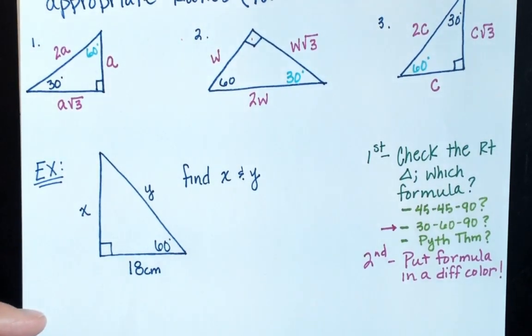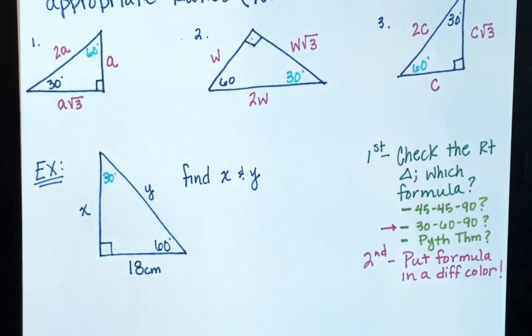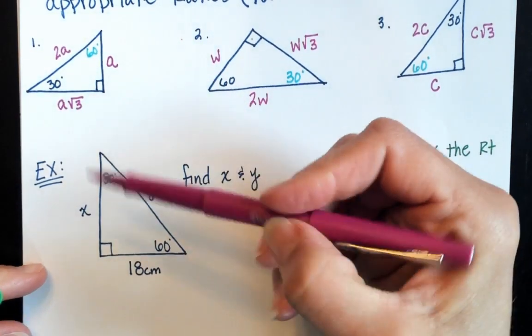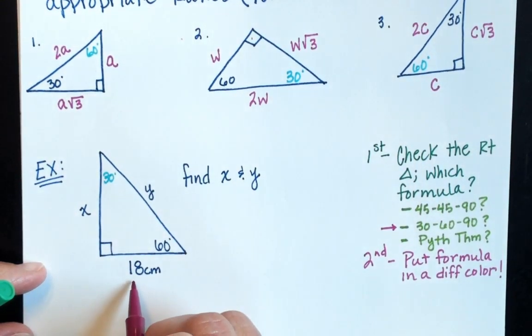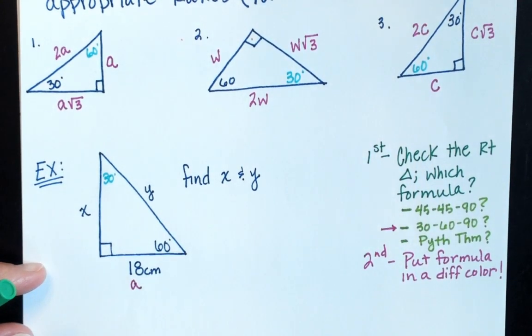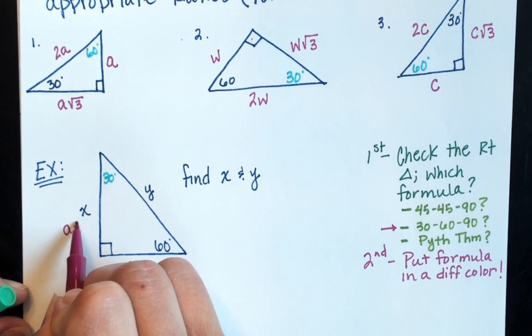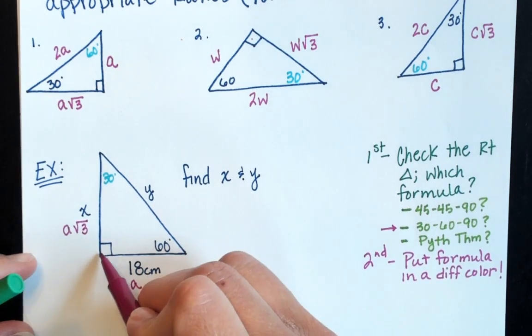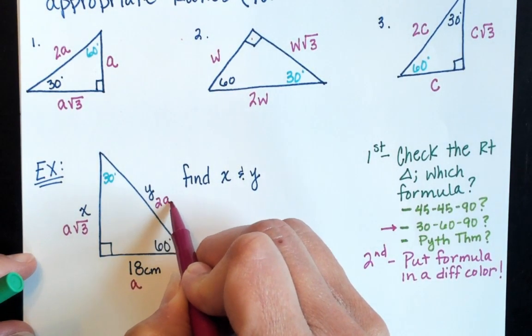So I'm going to make sure that I put my 30-degree angle in so I don't make any mistakes. And I'm going to find that 30-degree angle, and opposite it, I'm going to put A. I'm going to find my 60-degree angle, and opposite it, I'm going to put A radical 3. Opposite the 90 is going to be 2A.